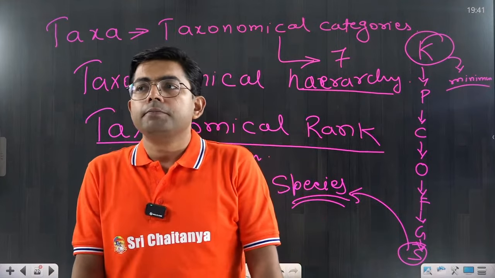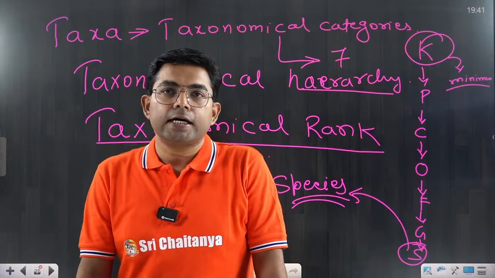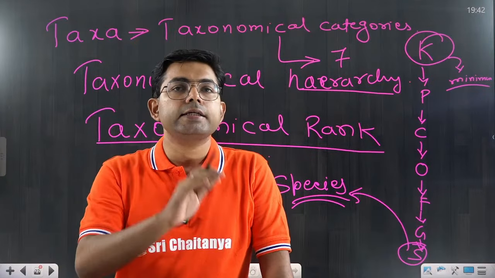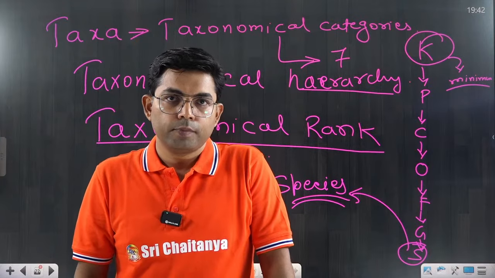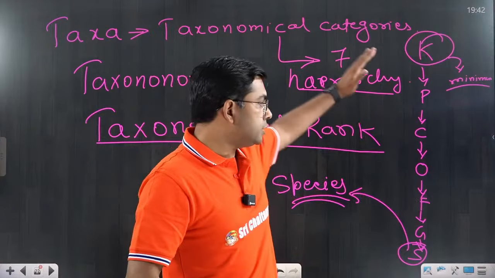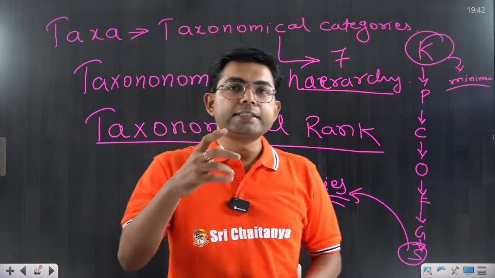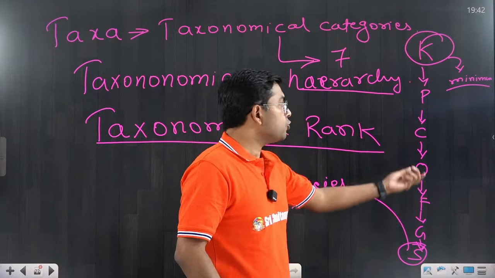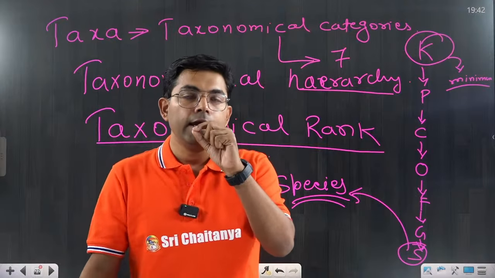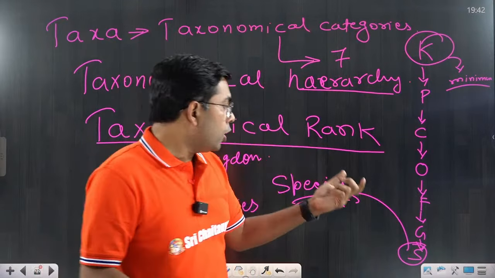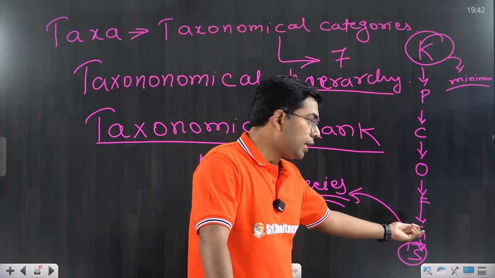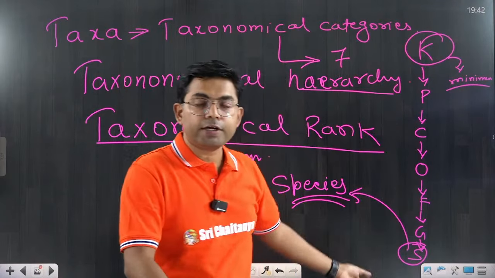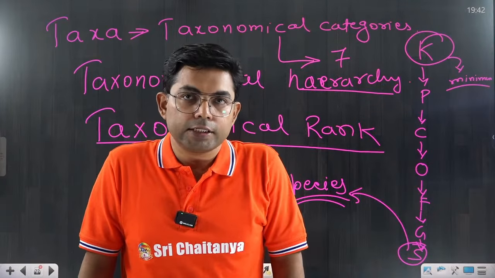Several times a question has been asked in the past: arrange the following taxonomical categories in correct order. So there you have to arrange them in order. Now in the next class, we will cover all these individual taxonomical categories, and we will see what the genus is, how it is different from family, and how the categories are different from each other.